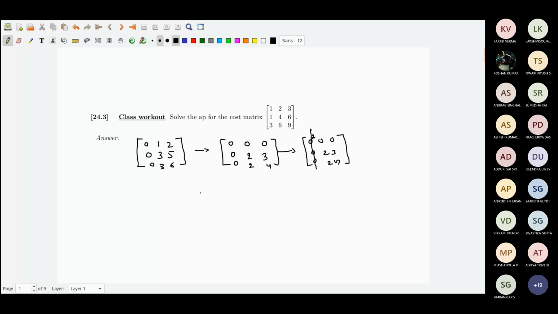Then you will have a prime. And this will be covered by a row because of that prime. And then you will have another prime, in which row there is no star, so you have got a star prime sequence or prime star sequence.